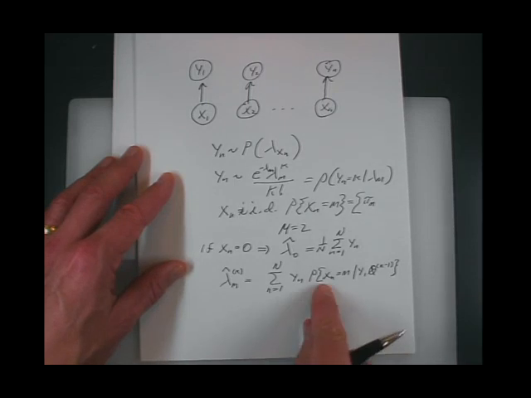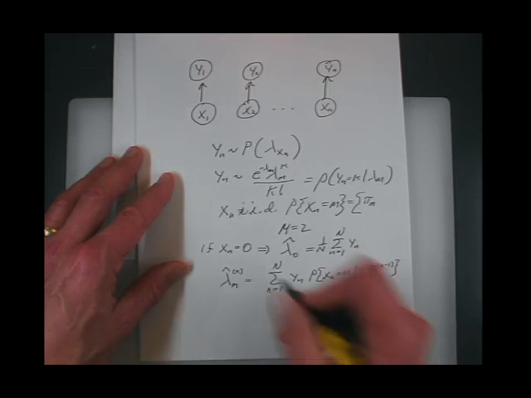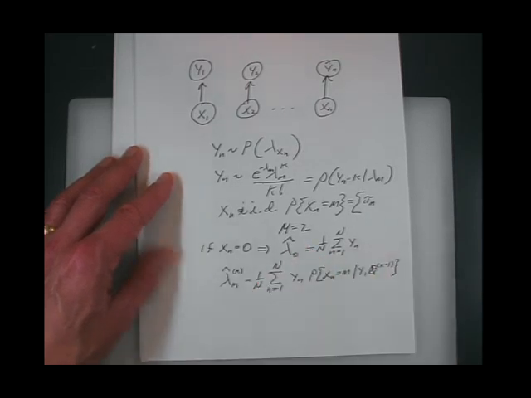So you compute for each entry the expected value, which is the probability that it's in class m, and then you divide by n.